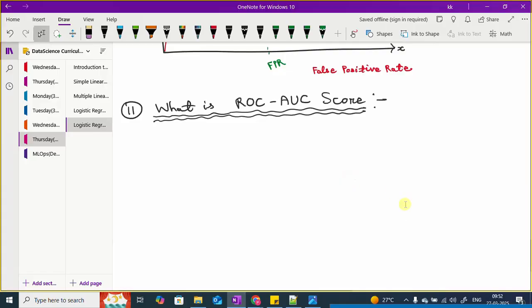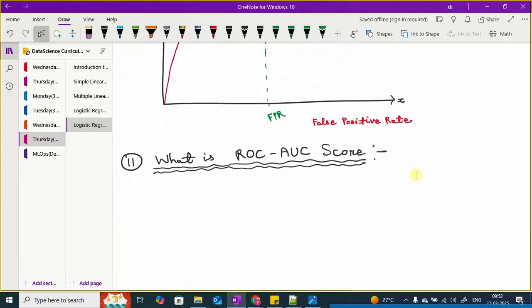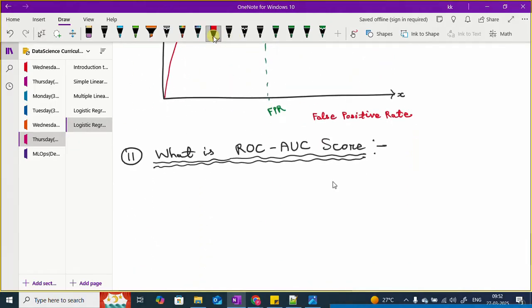I have written that the full form of ROC is receiver operating characteristics. Similarly, what is the full form of AUC? The full form of AUC is area under curve. Guys, very important, try to understand. You will definitely get this question as an interview question or in the semester exam.